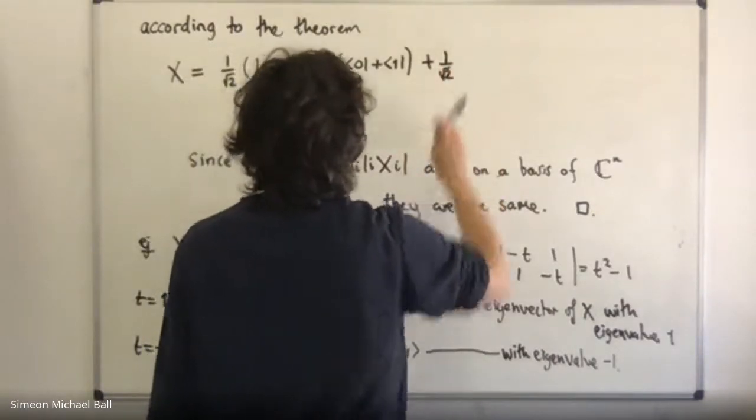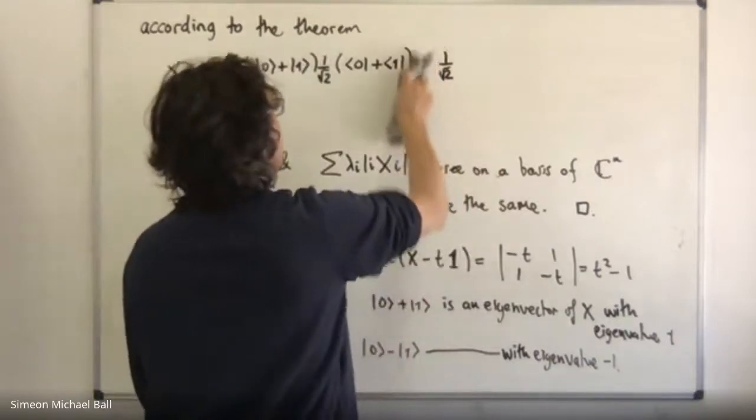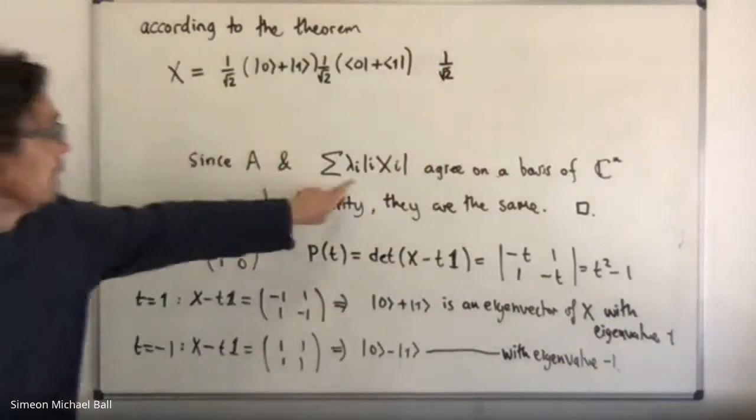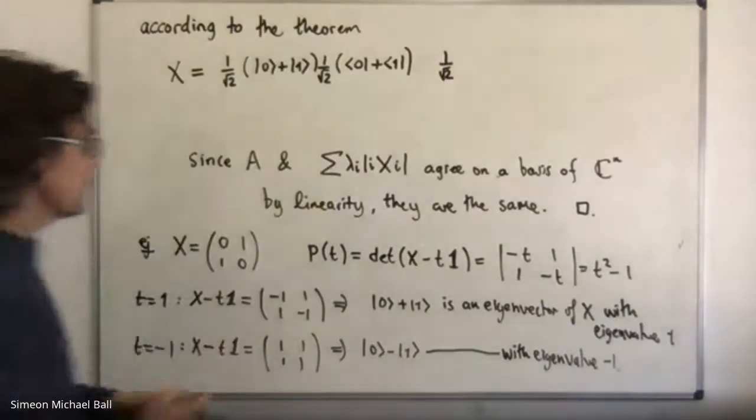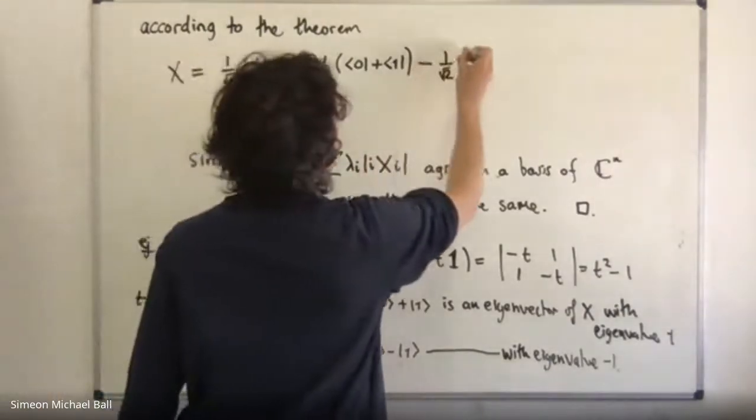Now it's going to be minus because this is the plus 1 eigenvalue, and now we've got a minus 1 eigenvalue, so it's going to be a minus 0 minus 1.